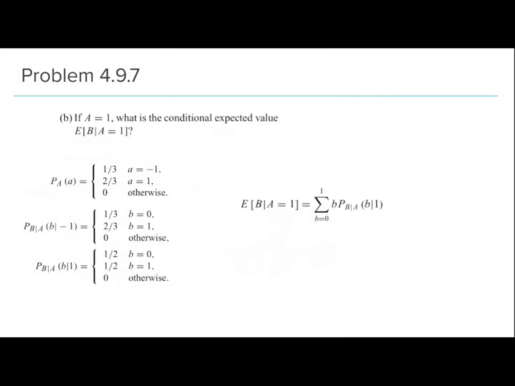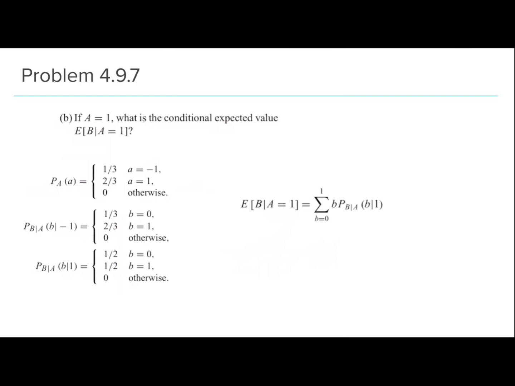So for the next part, we are given if A is equal to 1, what is the conditional expected value E of B given A is equal to 1? Applying the standard formula for conditional expected value, E of B given A is equal to 1 will be equal to the summation of B into the PMF of B given that A is equal to 1. We know that B assumes only two values, 0 and 1.